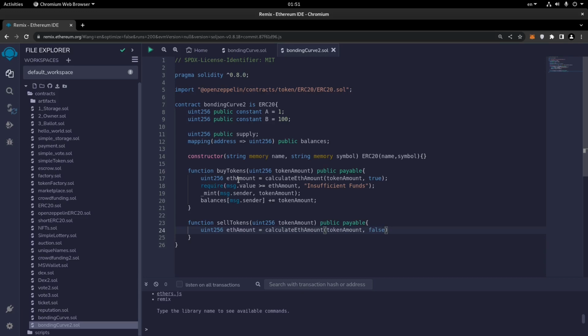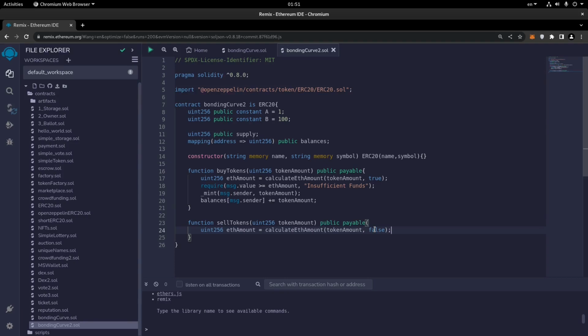So you might have understood what this boolean is. Whenever we wanted to buy, it was true. Now that we want to sell, it's false. So it's a boolean parameter that determines whether we are buying or selling.